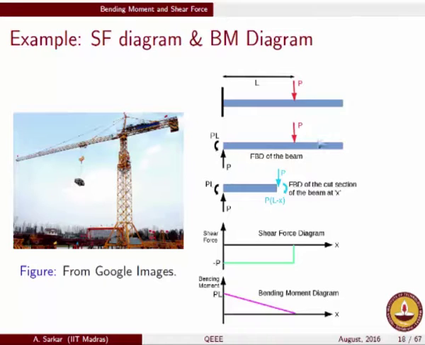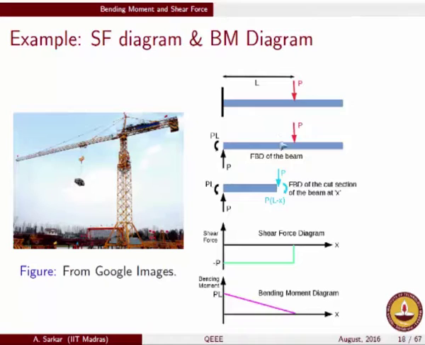So therefore the only way to save the day is to induce a reaction moment, the magnitude of which is PL, but the direction of which is counterclockwise, right. So this is the free body diagram of the entire beam, not any cut section. Now if you have to evaluate what is the shear force and bending moment at a particular section X, then what you need to do is to cut it at that section, at that point.